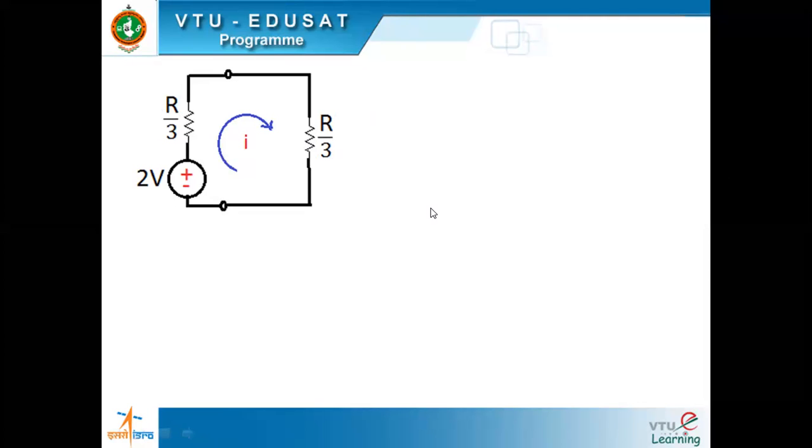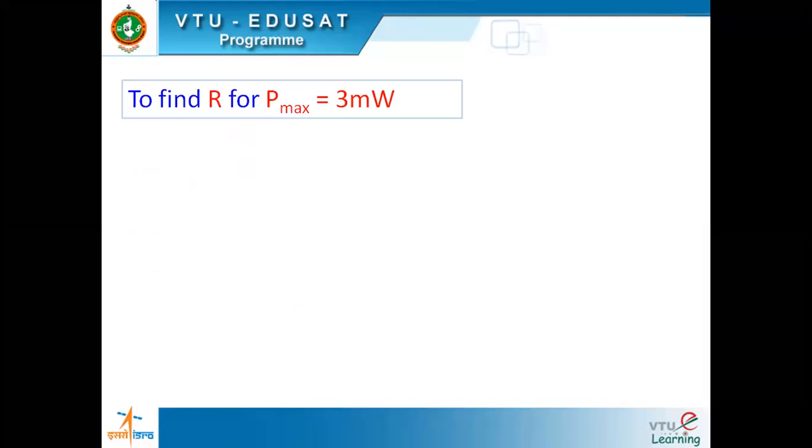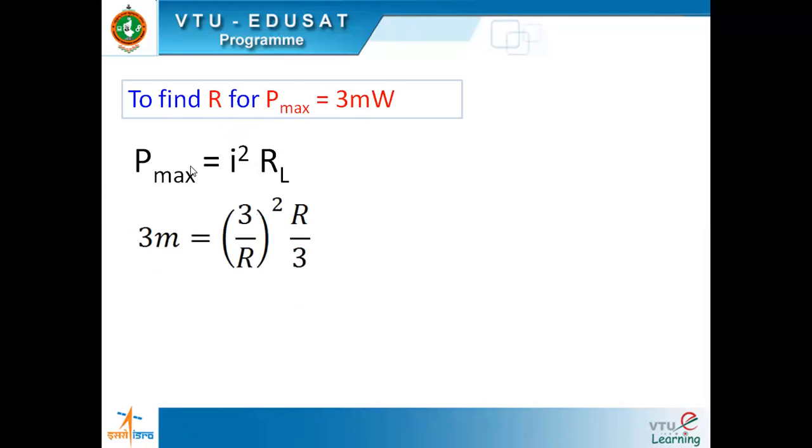So find out I by applying KVL, which happens to be 3 by R. What is power given by? Power is already given as 3 milliwatts, but what is power equal to? P max is given by I squared RL. So 3 milli is the power, I is 3 by R, RL is R by 3.